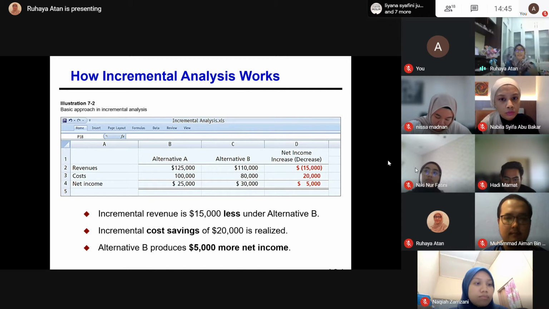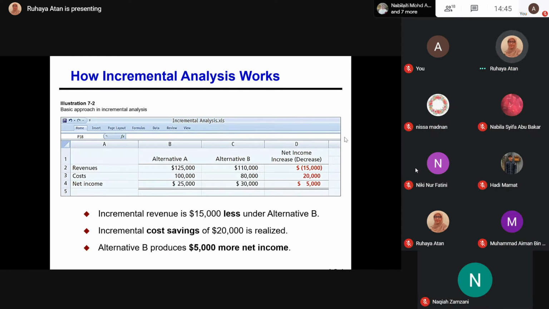So what is the incremental difference? If you take choice B, you will lose 15,000 in revenue, but you will save 20,000 in cost. So what is the net income, or how much better do you make?